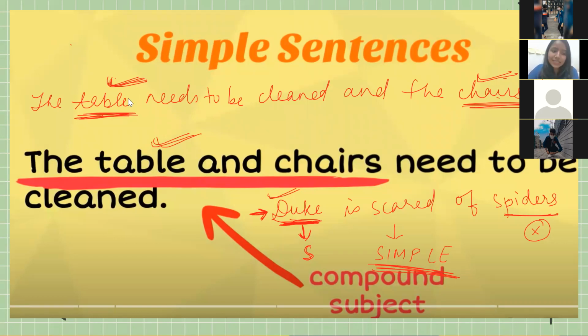And that subject can be a compound subject if you are writing tables and chairs together, or if you write Duke and Leah are scared of spiders, then Duke and Leah will be the subject, and that is a compound subject, but still it will be a simple sentence.